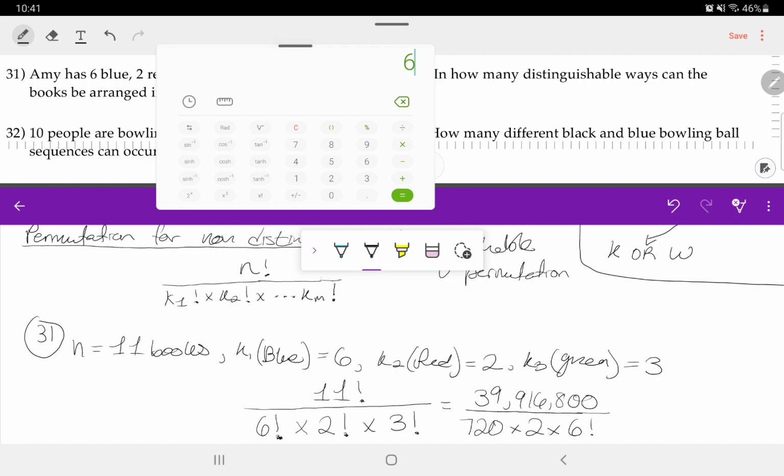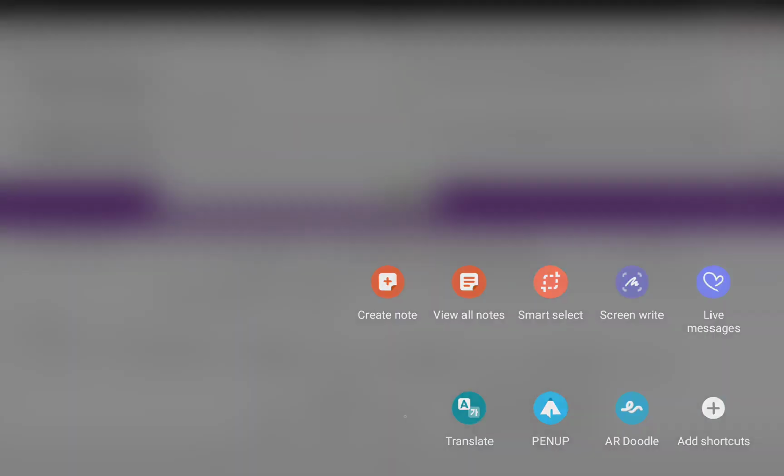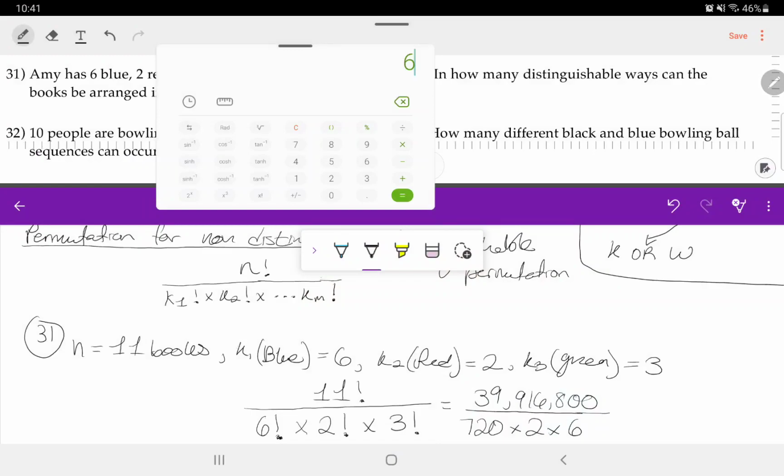So let's multiply my denominator. 6 times 2 times 720. That's going to be 8,640.